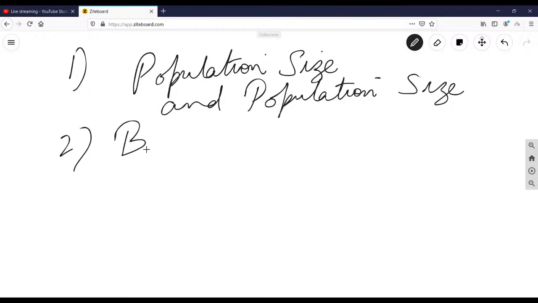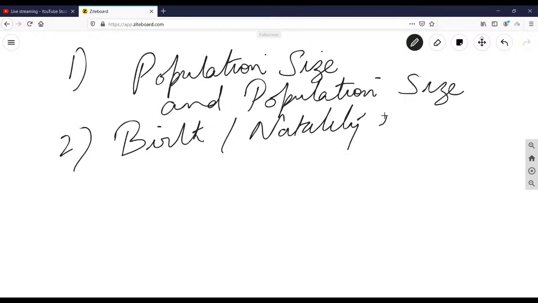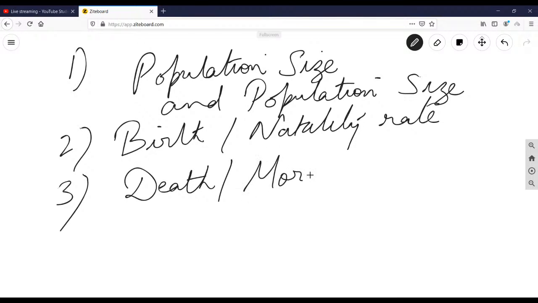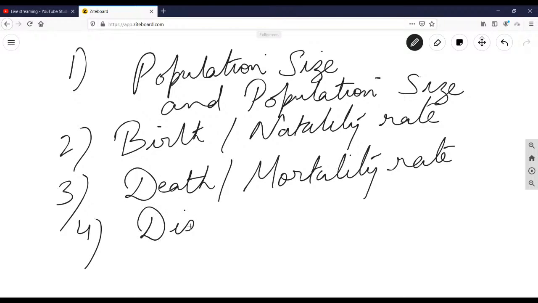Number two is birth rate, or natality rate. Number three is death rate, or mortality rate. Number four is dispersal.